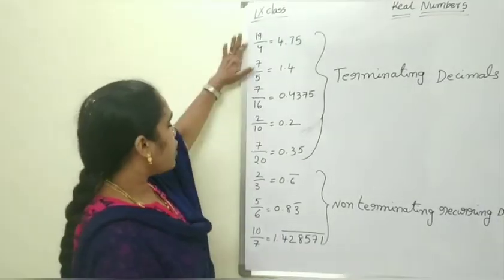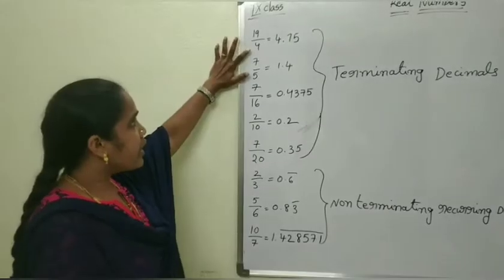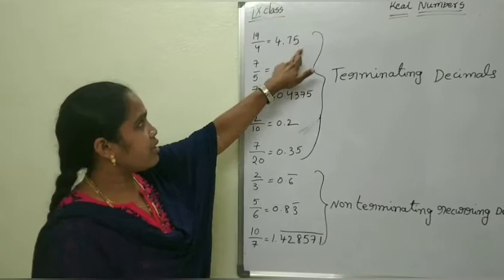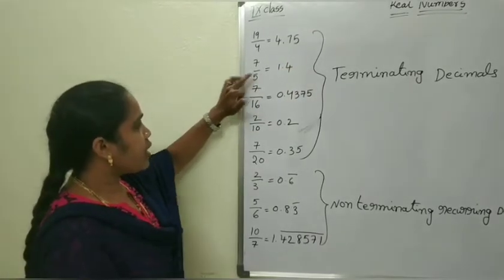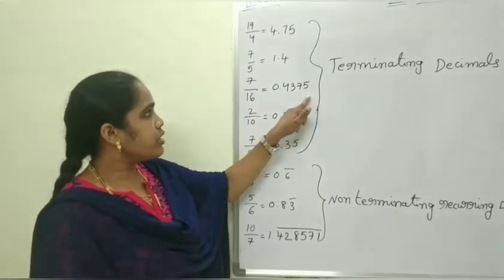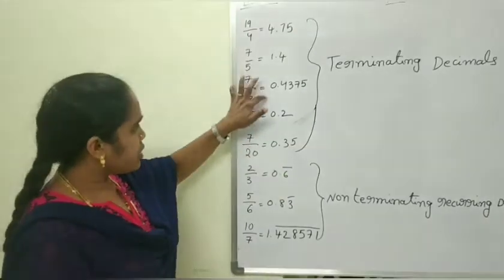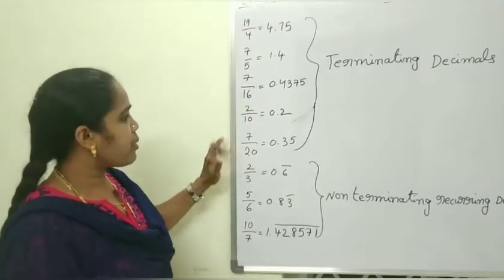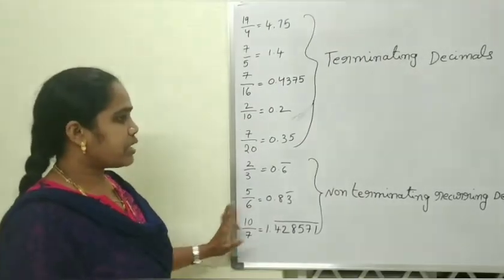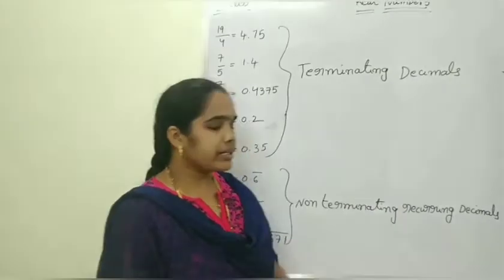Once you see all these examples, children: 19 by 4, we got 4.75. 7 by 5, 1.4. 7 by 16, 0.4375. These 5 examples are terminating decimals, and these 3 examples are non-terminating recurring decimals.